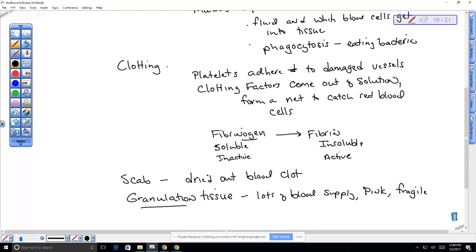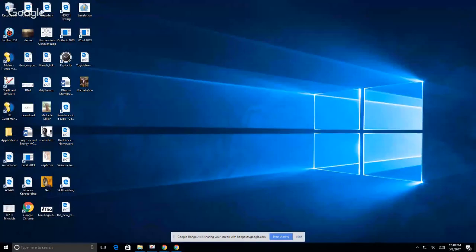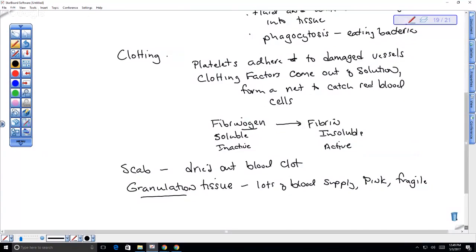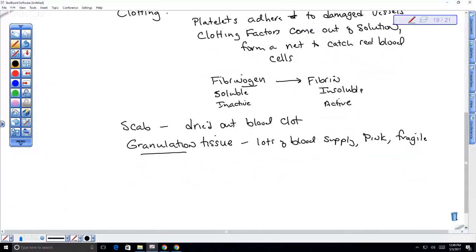So we also can have, in some cases, scar formation. So scar tissue.